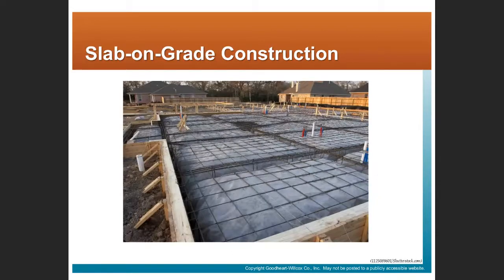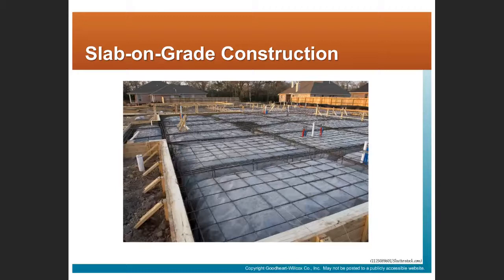Here's an example of slab on grade construction. Again, in this case, the formwork has been set, the rebar is there. There's probably some plastic to act as a moisture barrier between the soil and the concrete, right?